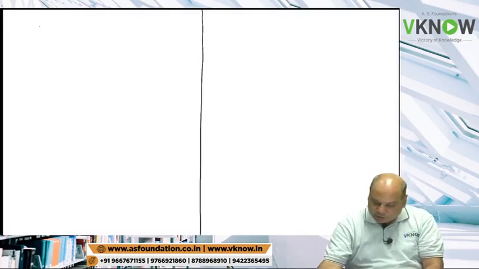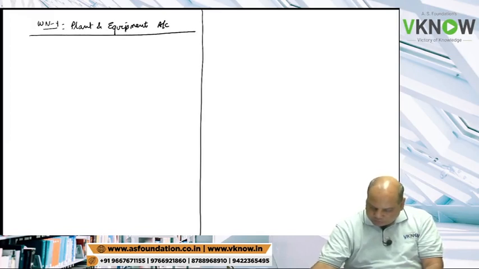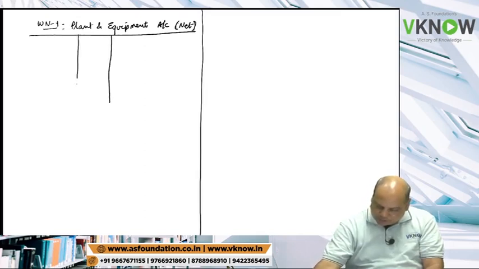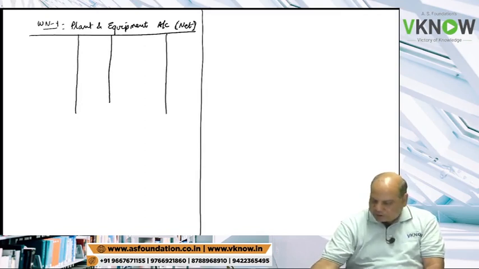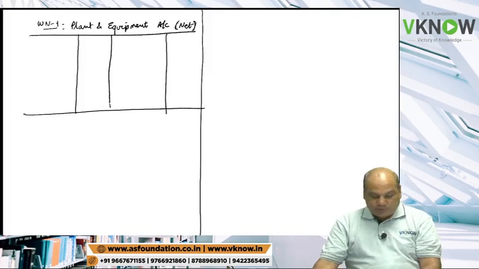First working note, write down plant and equipment account, in bracket, net of depreciation, 6 or 7 lines.